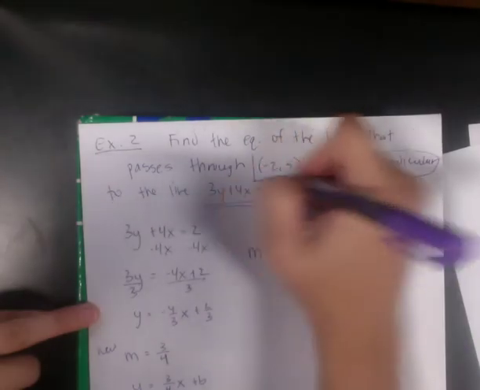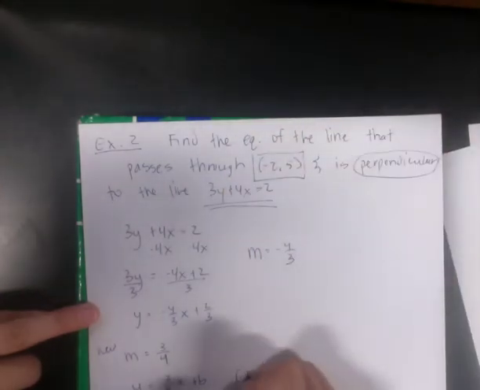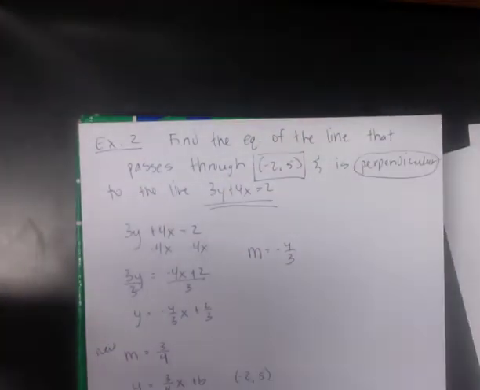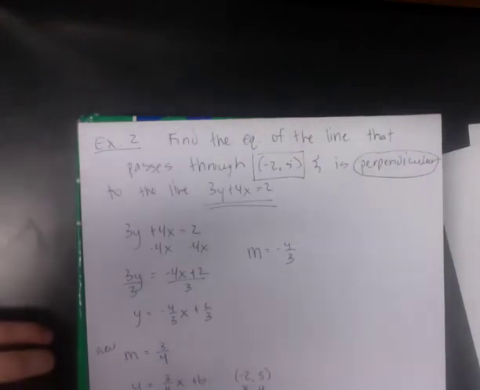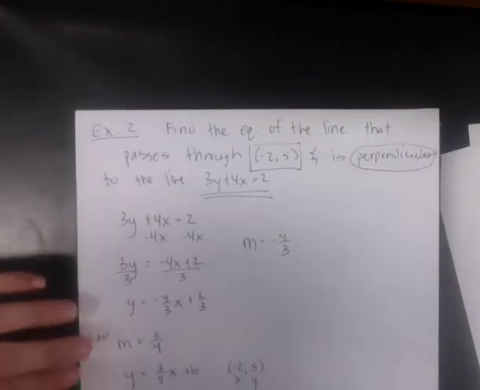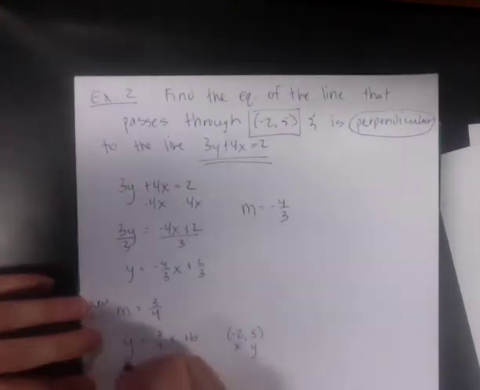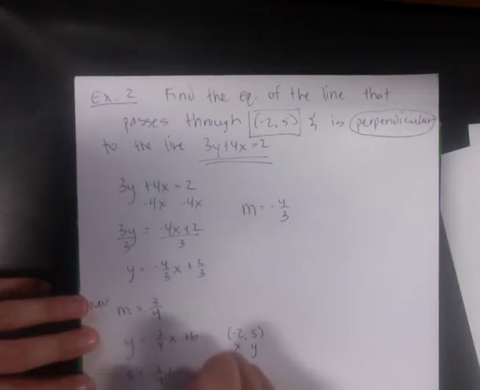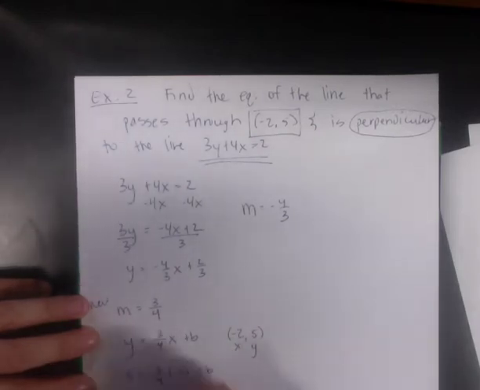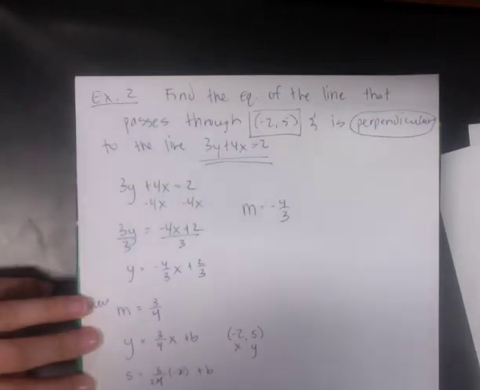So my new equation of a line is y equals 3/4 x plus b. To find b, I take this point, (-2, 5). Again, this is my x, this is my y. I plug in 5 for y and -2 for x. So 5 equals 3/4 times -2 plus b. Now my 4 and my -2, I can cancel that. Don't forget your negatives, so 5 is -3/2 plus b.